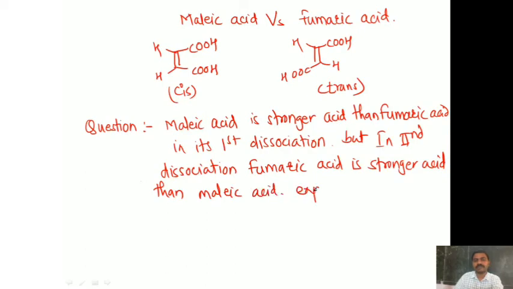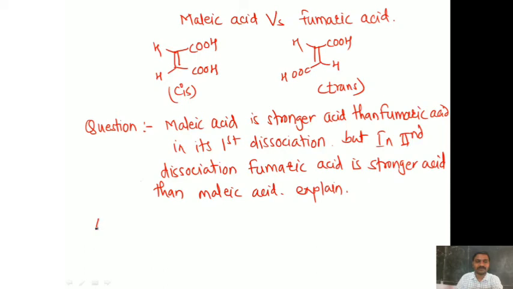Explain. Okay, the question is very simple. It is divided into two parts, first dissociation and second dissociation. So after first dissociation, malic acid is stronger acid than fumaric acid, and after second dissociation, fumaric acid is stronger acid than malic acid. Let's check the answer.